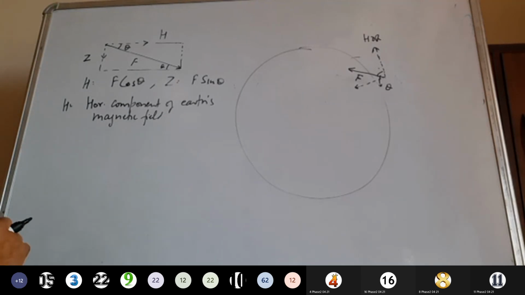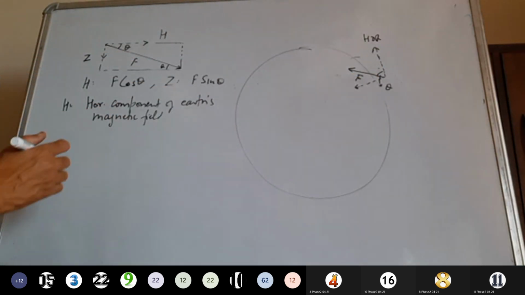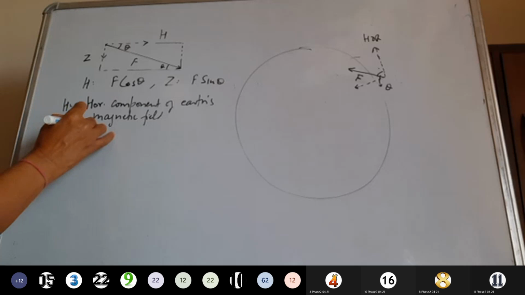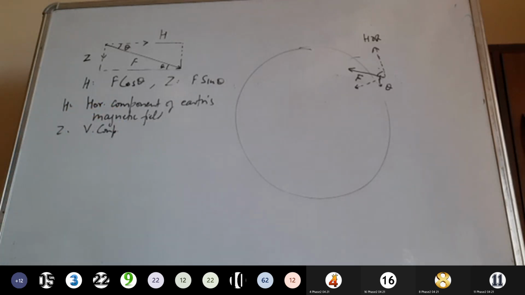H is the horizontal component of the Earth's magnetic field. And what is Z? Z is the vertical component of the Earth's magnetic field.